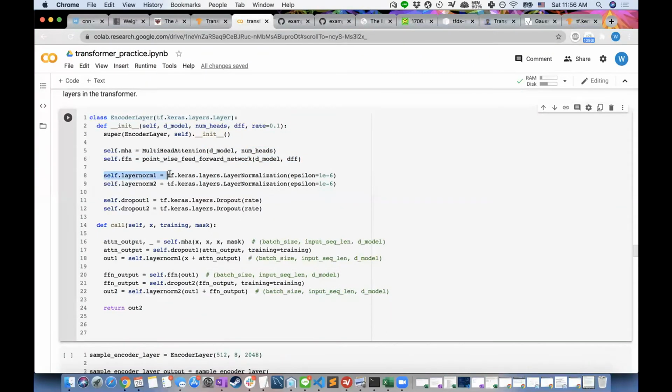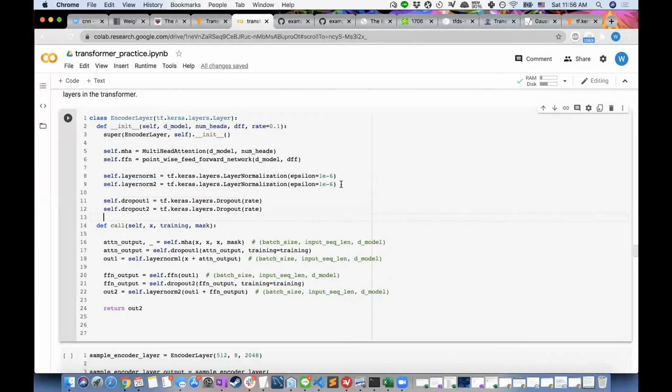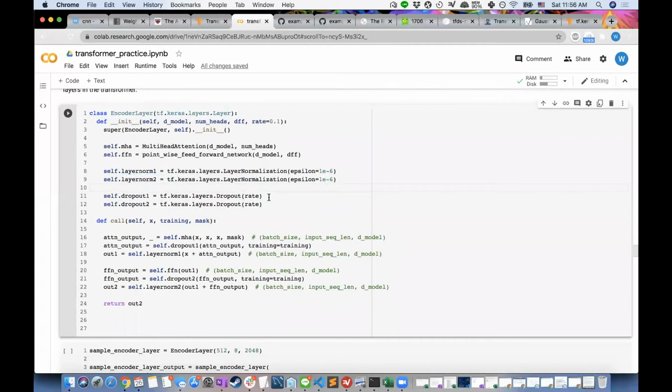Then self.layernorm: we define 2 layer norms by calling tf.keras.layers.LayerNormalization, and I think there's an epsilon parameter you can pass in. We define 2 of them because we need 2, and then we have 2 dropouts. We're inheriting the dropout and layer normalization from this class, which we initialized here.